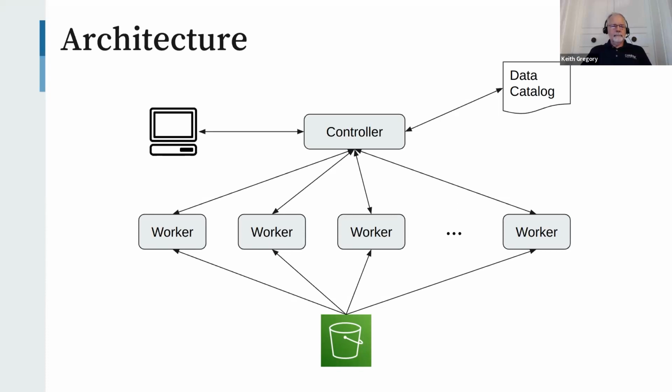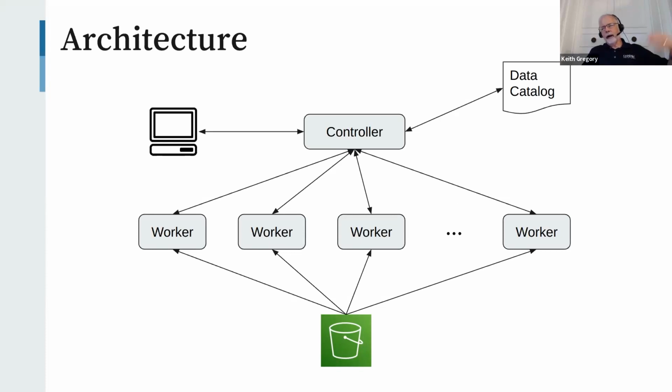The controller is much like the leader node at Redshift in that it interacts with the client and is responsible for parsing and writing your queries. Instead of having a built-in data catalog and permission structure, Athena goes out to an external data catalog. I know that it has one built in, but most people use the Glue data catalog, which they can populate from a crawler over the data.